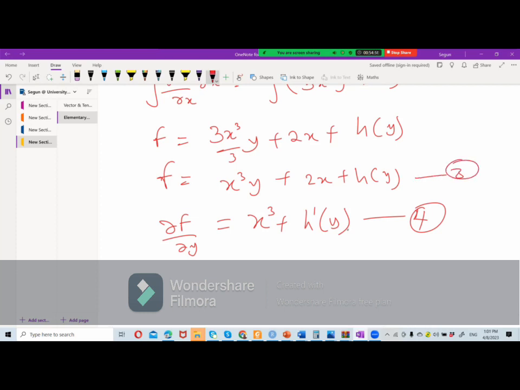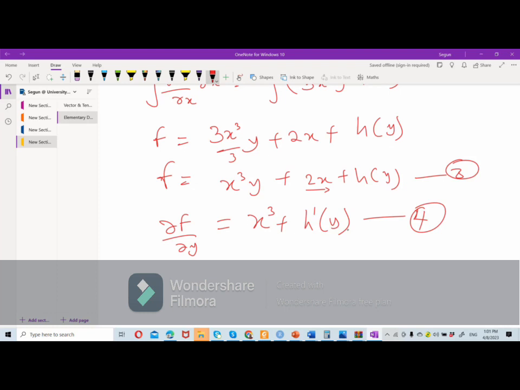This is equation 3. When you differentiate equation 3 with respect to y, what do we have? We have x cubed y returns to 1, then 2x turns to 0, and then we have h prime of y.